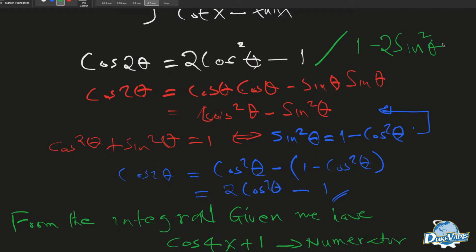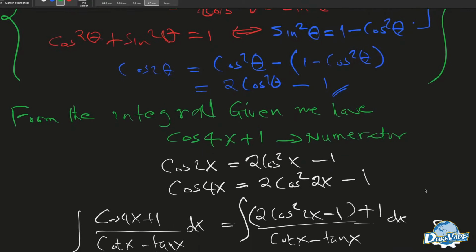So that analogy, okay, here I give a little bit of a proof of why it is so, which doesn't form part of the equation at all. So now we say from the integral given, we have cos 4x plus 1 as the numerator.